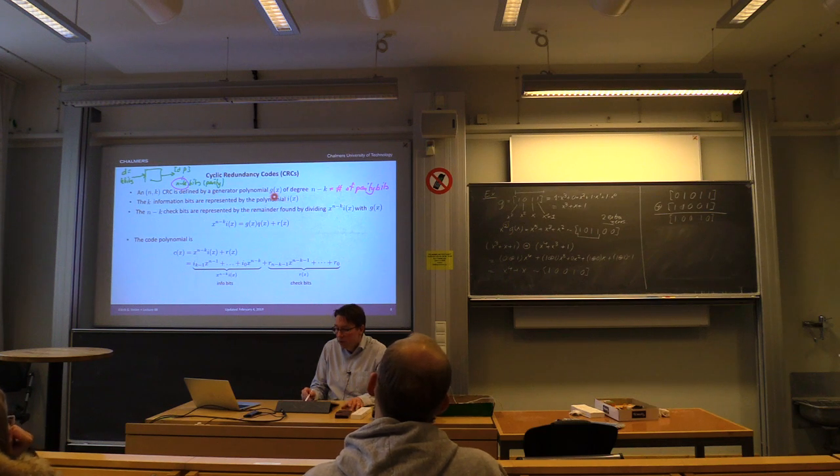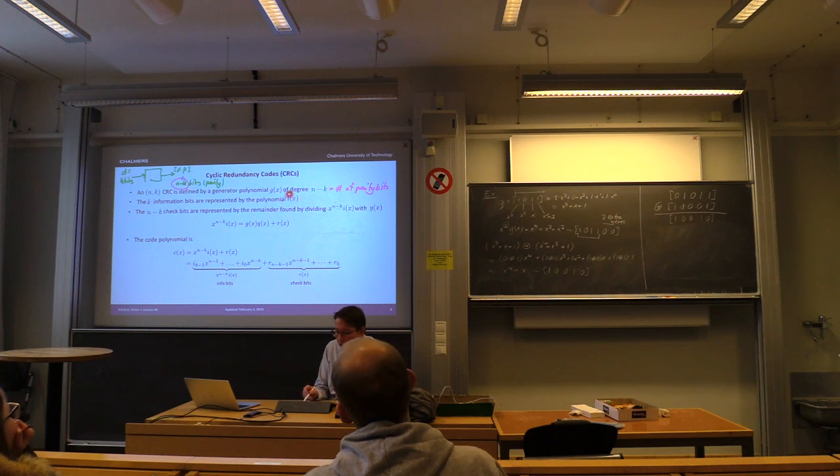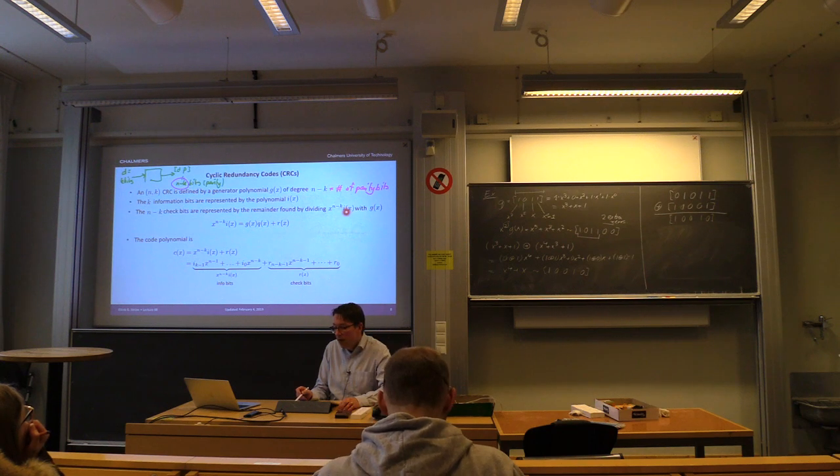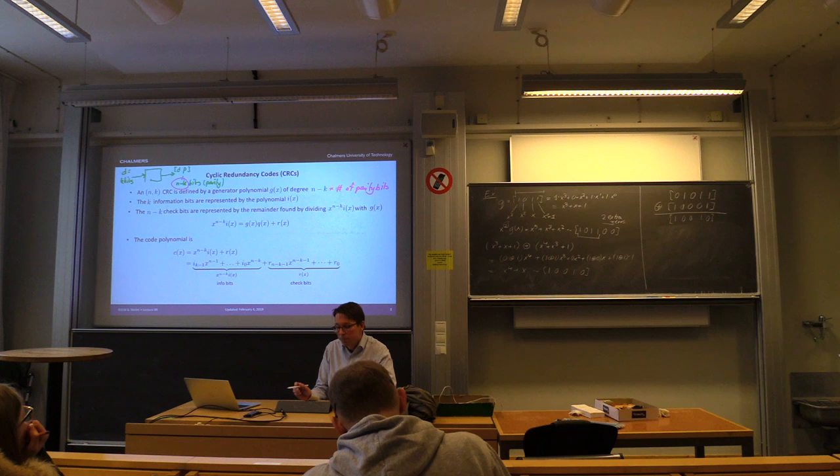It's just a trivia thing, I guess. So we have k information bits, and they're represented by a polynomial. Let's call it I for information. Then the n minus k check bits are represented as the remainder found by dividing by G, where we first have shifted n minus k zeros into the I polynomial. Okay, so we increase the degree of I by n minus k.